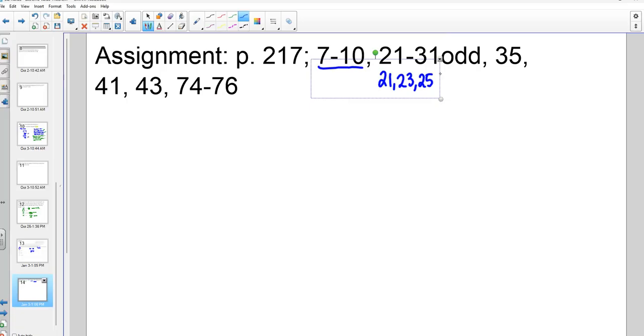And I would like for you guys right now to try, let's see, which one do I want? Oh, I'm on the wrong page, so I need to get on the right page first.